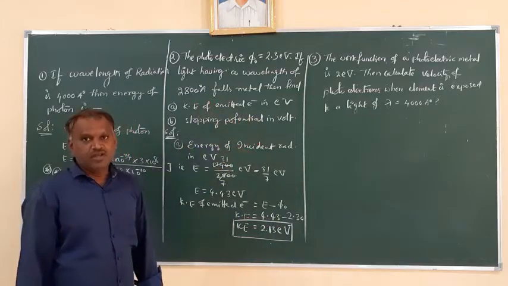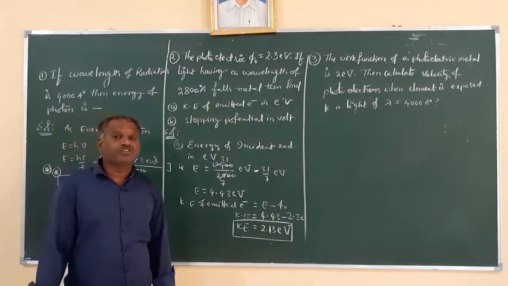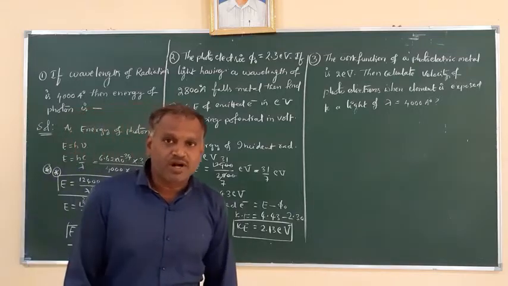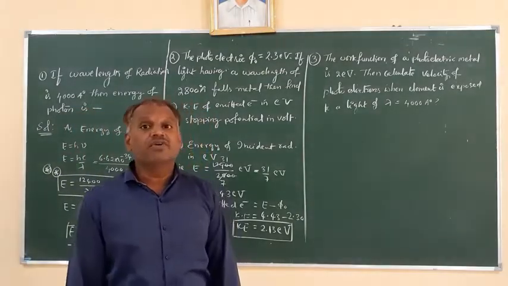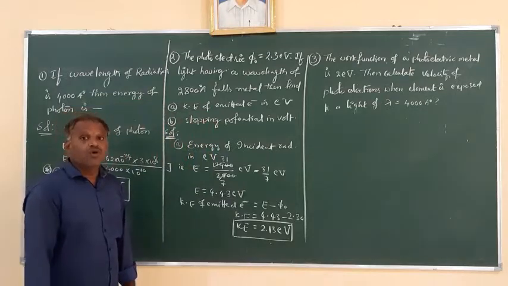We know the stopping potential means the maximum kinetic energy is nothing but the amount of work done because of the applied negative potential where there is no photoelectric current.